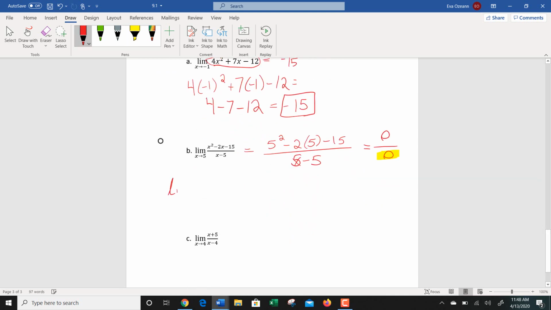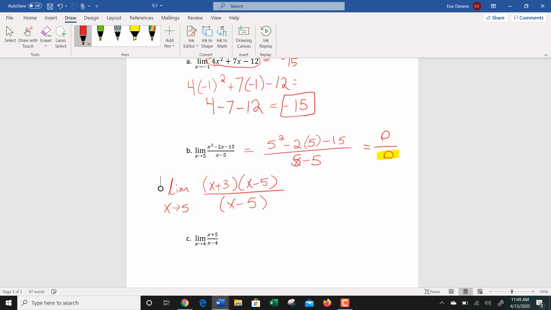So that would be the limit as x approaches 5. Now let's see, I need two numbers that are going to multiply to -15, and that will add to -2. So let's see, let's do +3 and -5. Yep, that works.